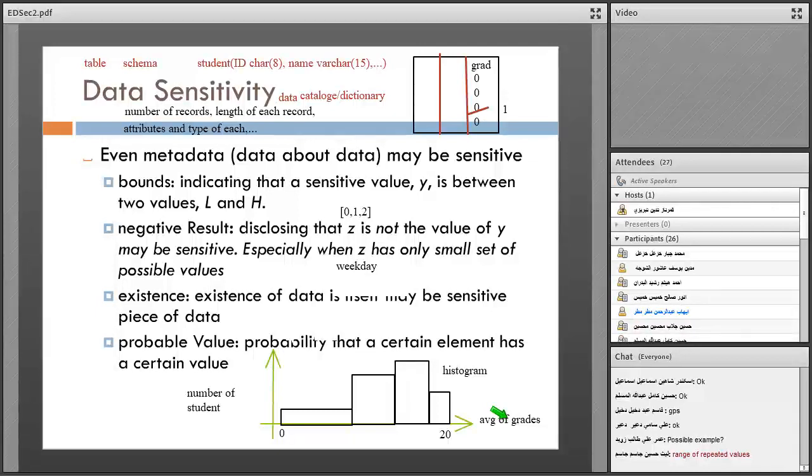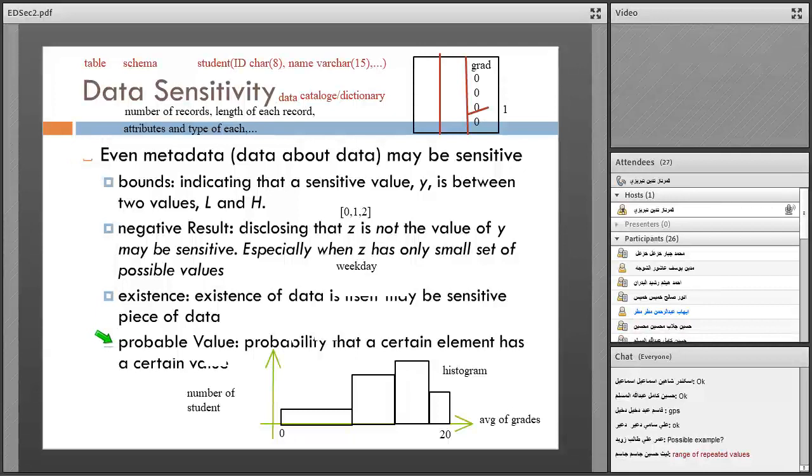Maybe someone can conclude from information like this histogram the probability of raining in a country, and maybe they don't want this to be available to anyone, or the resources of water, for example.